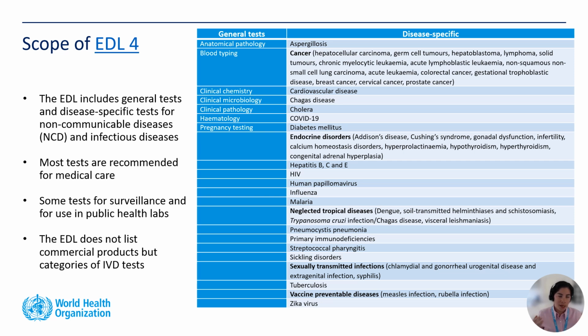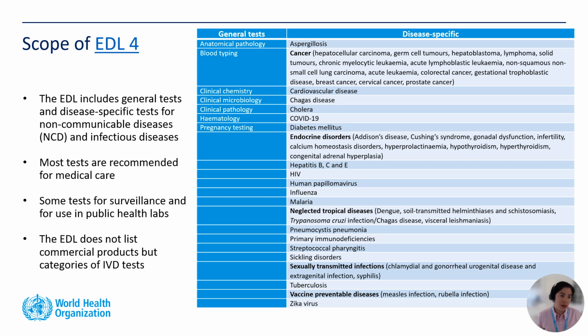So the last published EDL is indeed EDL4 and includes general tests, for example, tests for hemoglobin, tests for electrolytes and platelets, etc. And also we have tests that are disease specific, covering non-communicable diseases, for example, diabetes, several types of cancers, cardiovascular health, and a very important component of the EDL, the infectious diseases.